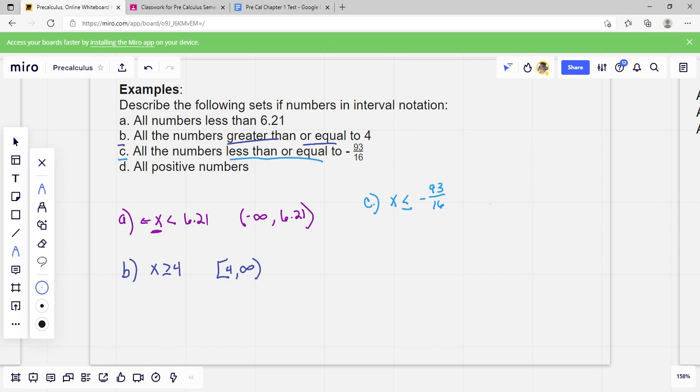To write that in interval notation, we're going to need negative infinity, so everything less than negative 93 over 16. And then this on the right would need to be a bracket because it's including that number. The 93 over 16 is included, less than or equal to.